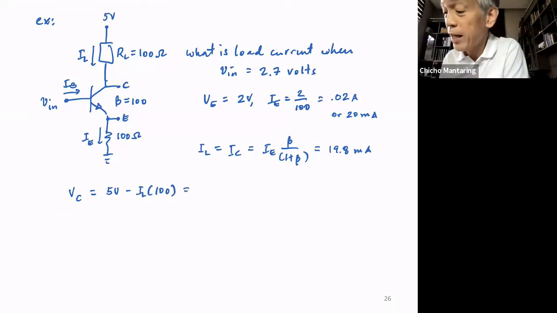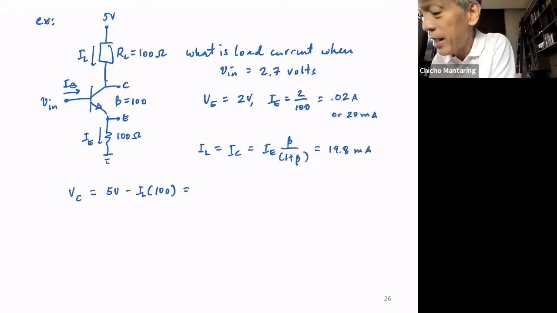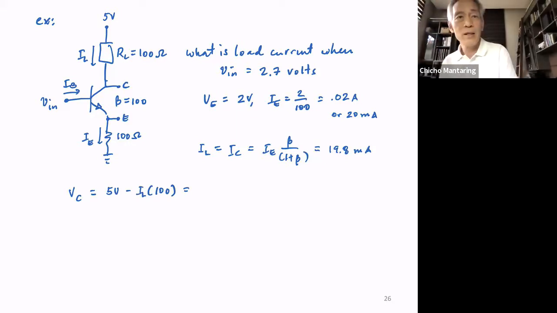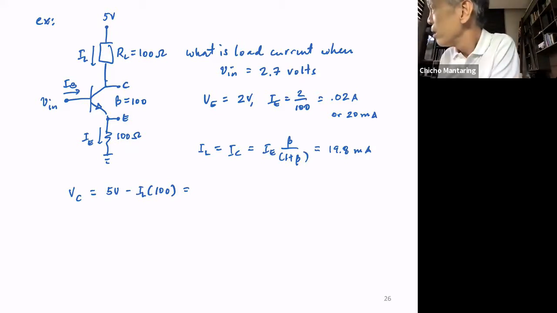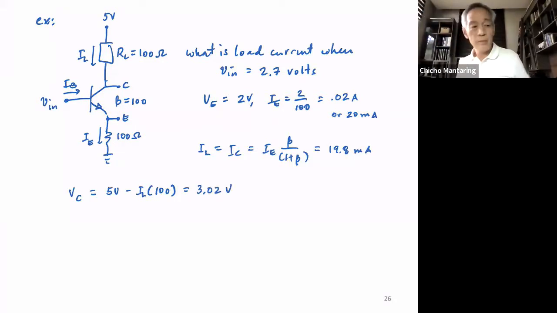Okay, and if I do that, IL is 19.8 mA, or 19.8 times 0.1, so that's 1.98. 5 minus 1.98, I'm going to get 3.02. Tama ba? Yeah. I'm going to get 3.02 volts. I do not trust my arithmetic anymore. No, let me just check.